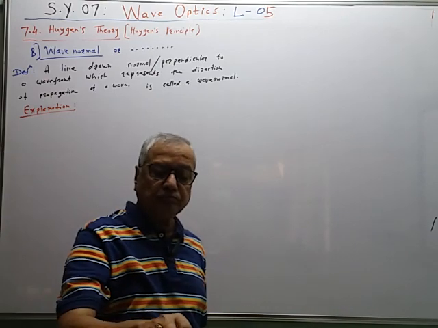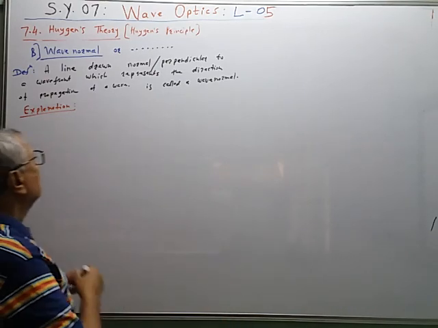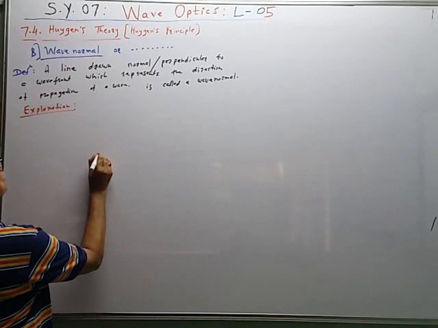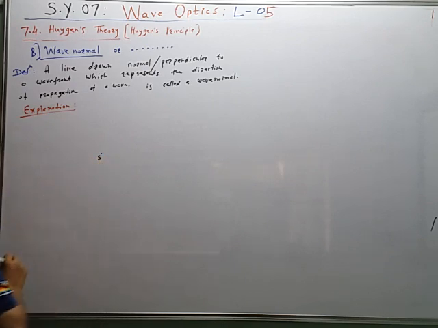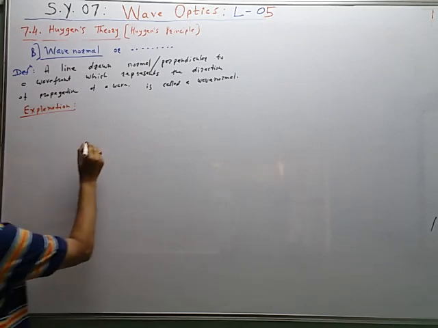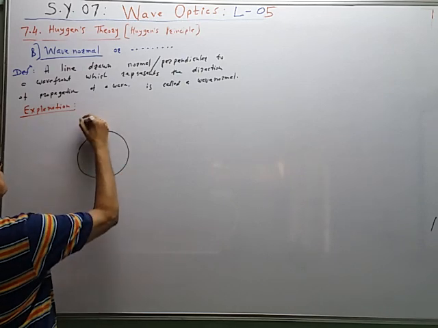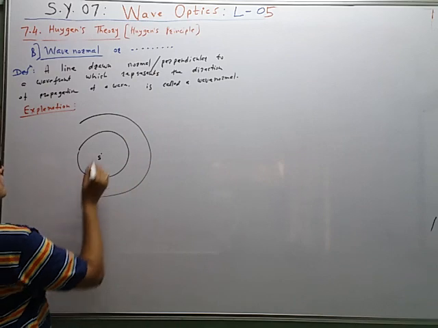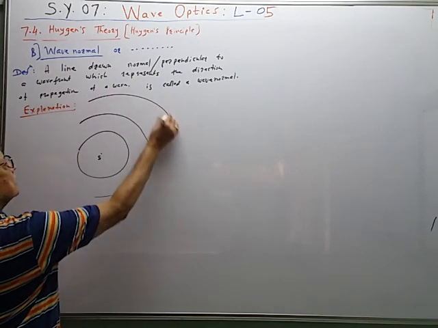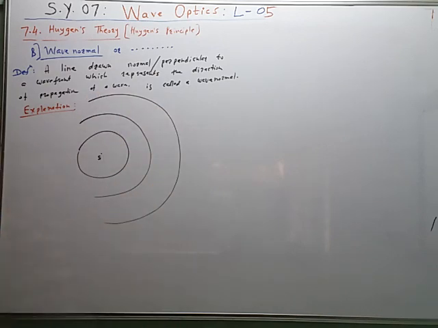Now, suppose this is a point source of light kept in homogeneous air medium. So at time t1 second we get a spherical wavefront. At time t2 second the radius goes on increasing. At time t3 second the radius goes on increasing like this. So these are the three spherical wavefronts.